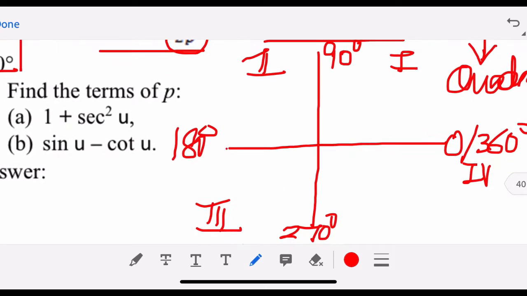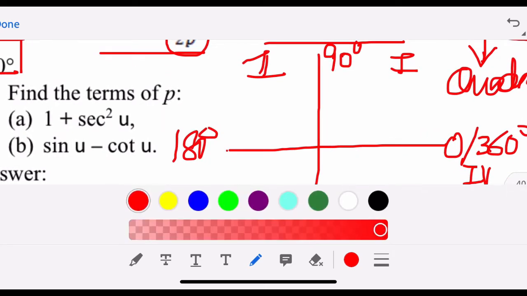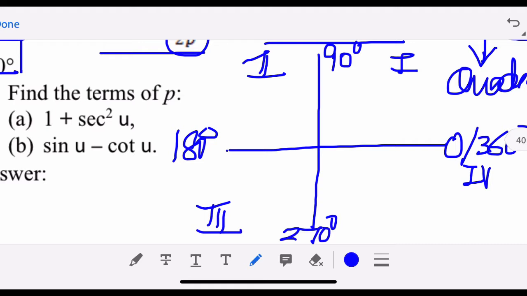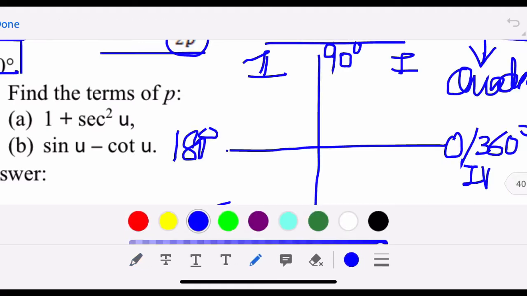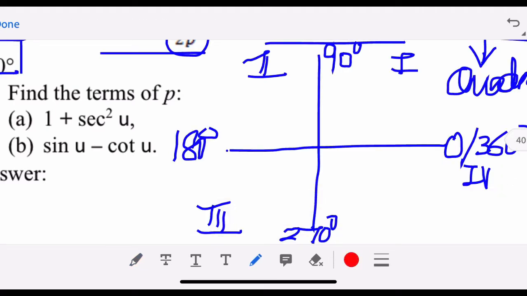The first and most important step is you must draw the right angle triangle. The triangle that you draw must be adjacent to the x-axis. If it is the third quadrant, it can be here.